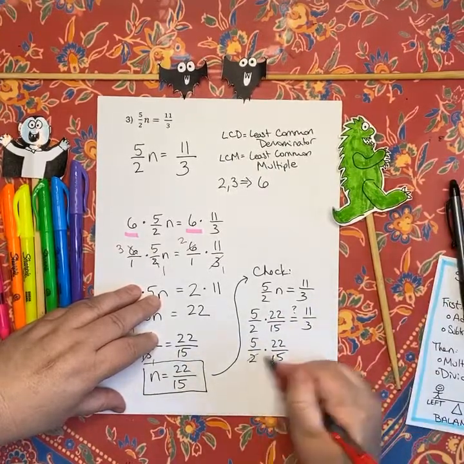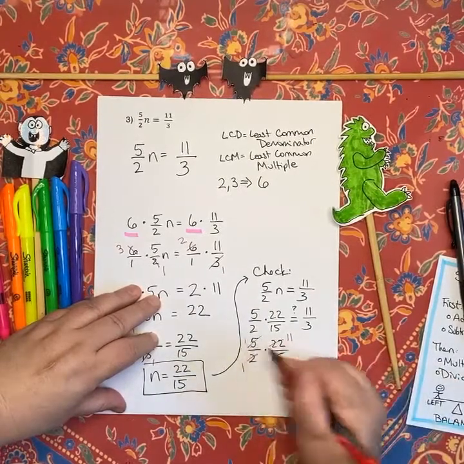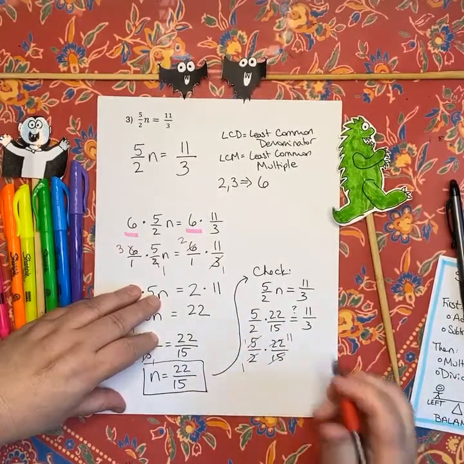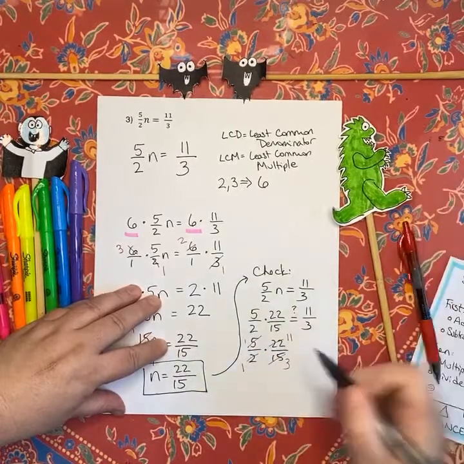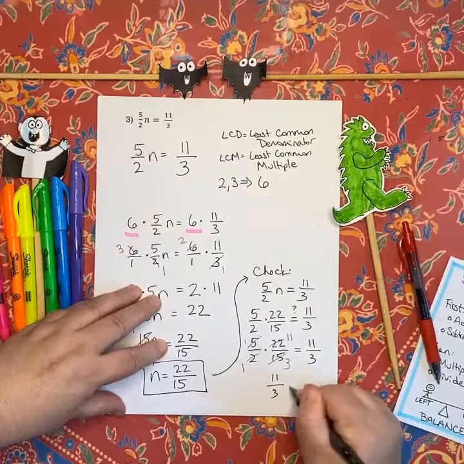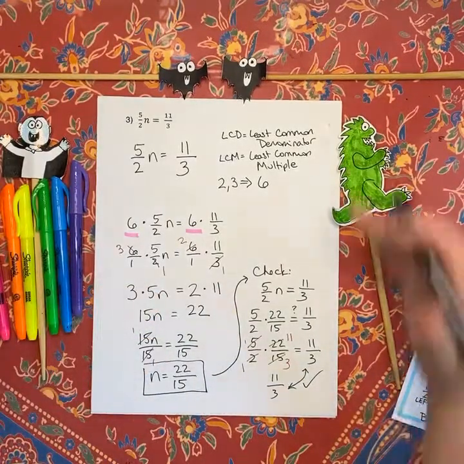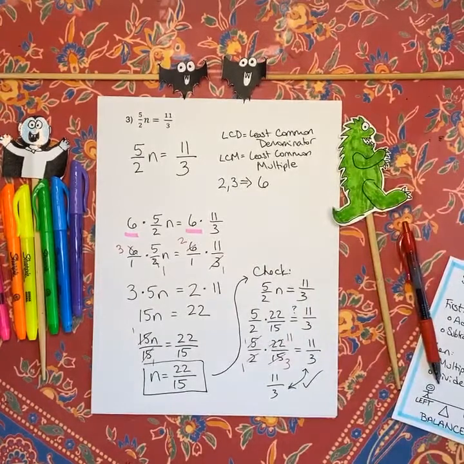The 2 cancels with 22 and I get 11. The 5 cancels with the 15 and I get a 3. Do you see what I got there? 11 over 3. Woohoo. We did it. 5 minutes beginning to end. Not too bad.